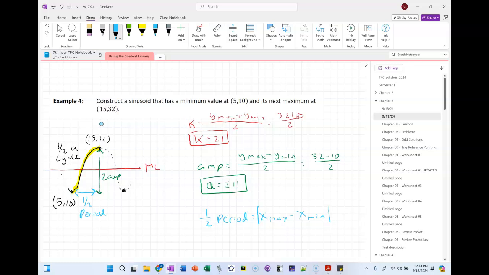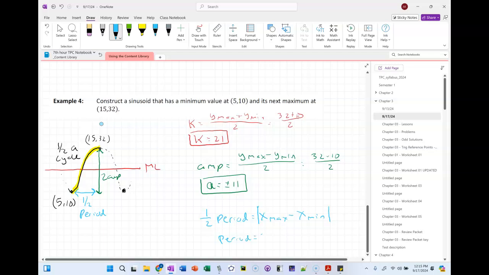If I subtract those, then I'm going to get a negative number. If I just stick an absolute value around that, this formula then works no matter the order of what I got. So that's why that's there. So what that tells me then is if I multiply both sides by 2, the period will be 2 times the absolute value of x max minus x min.